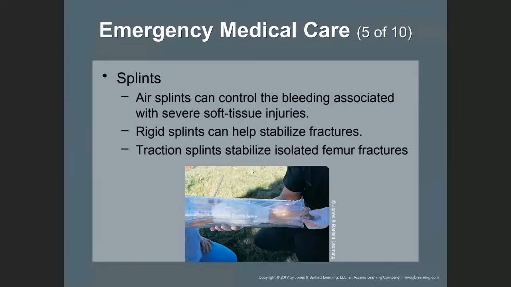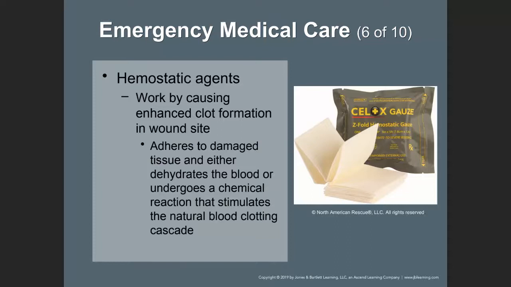Splints. Air splints can control the bleeding associated with severe soft tissue injuries. Rigid splints can help stabilize fractures. Traction splints stabilize isolated femur fractures. Hemostatic agents work by causing enhanced clot formation at the wound site.